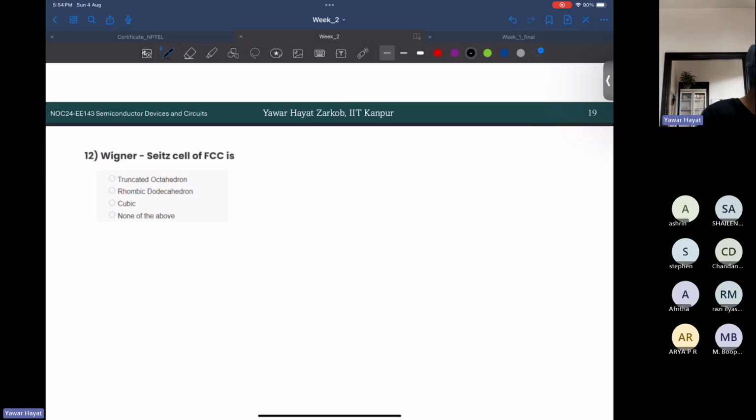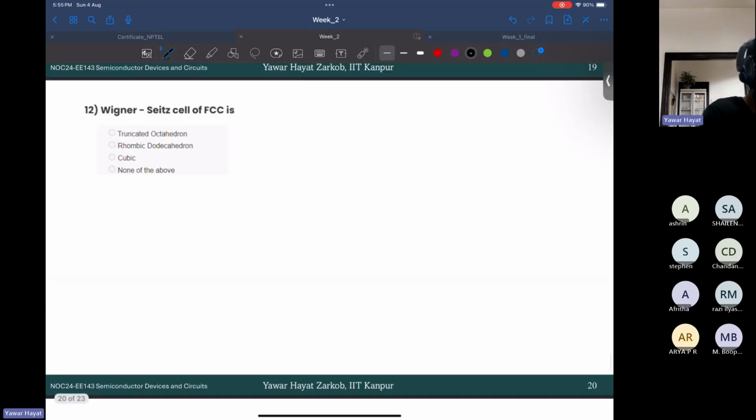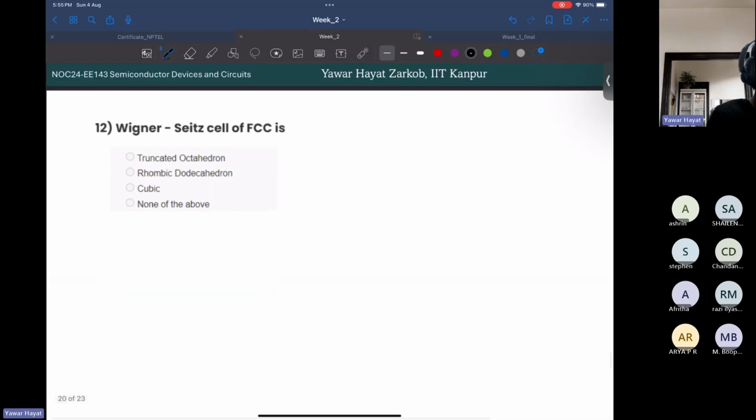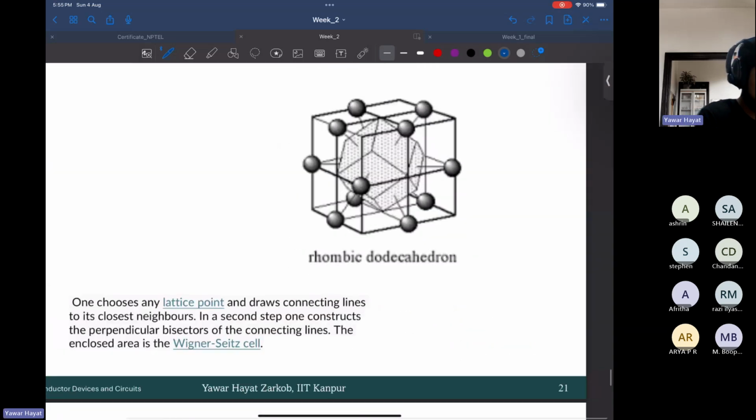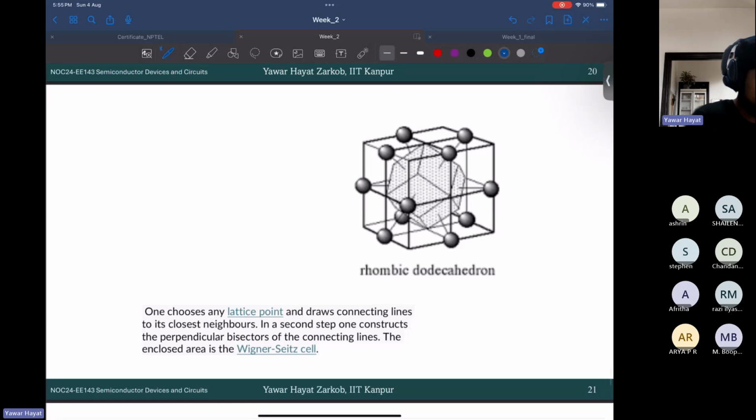In the second step, one then constructs the perpendicular bisectors of connecting lines, and the enclosed area is what we have for the Wigner-Seitz cell. So just remember, the Wigner-Seitz cell for your FCC lattice is this rhombic dodecahedron. Okay, this one. So this is how it looks, right? This is how it looks.